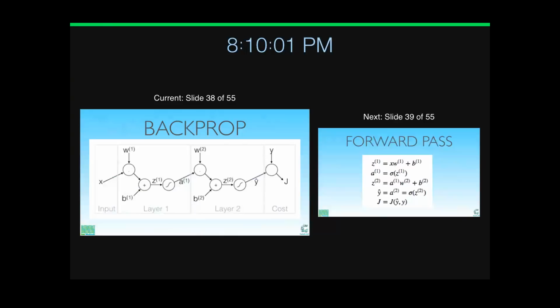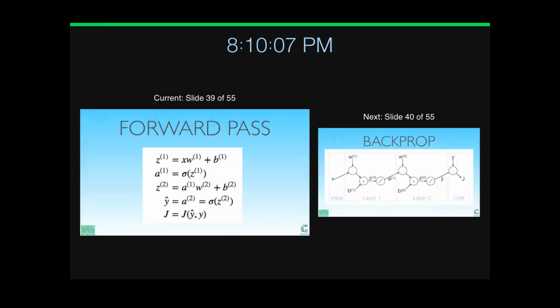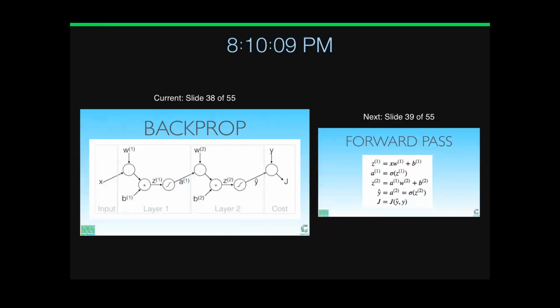And then each of these weights and biases gets updated with its own derivative. Okay? Sorry, say again? You want to calculate the gradient with respect to B as well, because the biases are parameters in the network too.